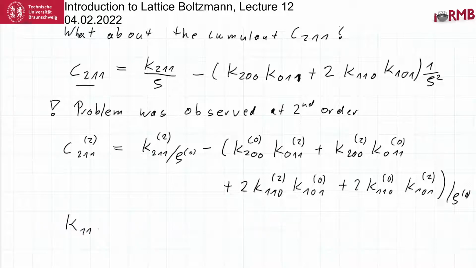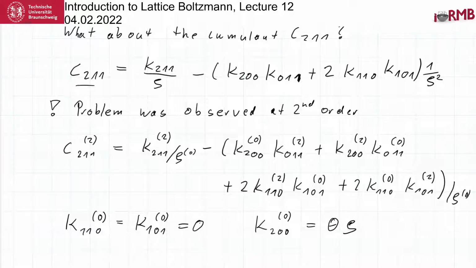Now to the 0 order, these would be the same as the equilibrium to 0 order, and the equilibrium to 0 order is 0 for the central moments, and for K200, which we've already seen, to 0 order this is theta times rho 0.